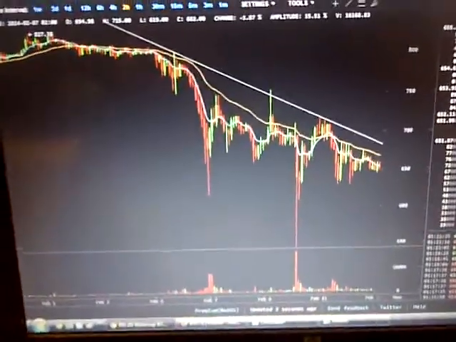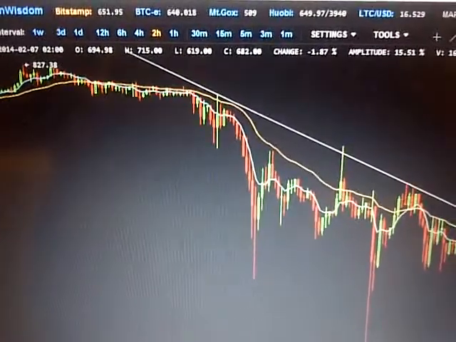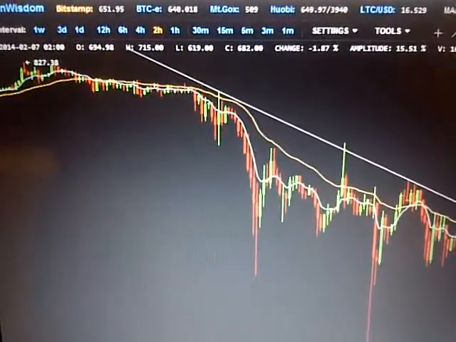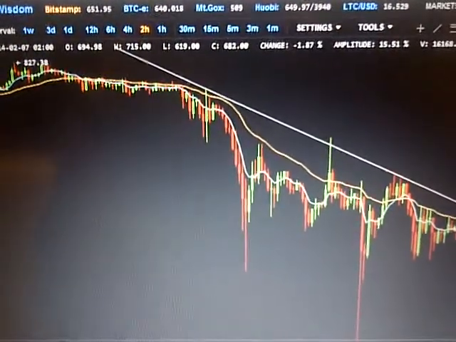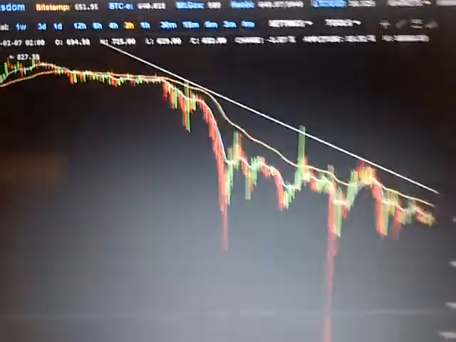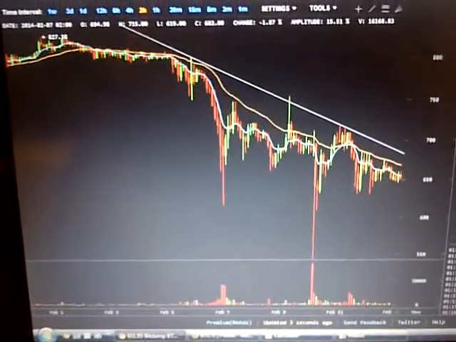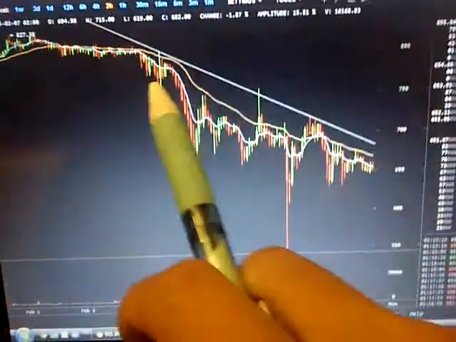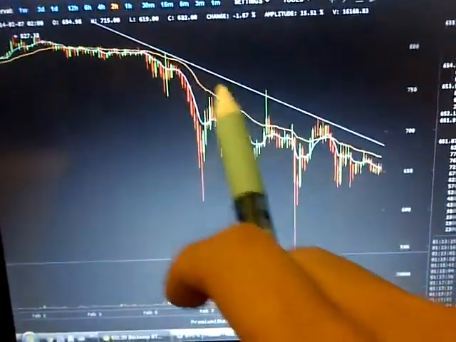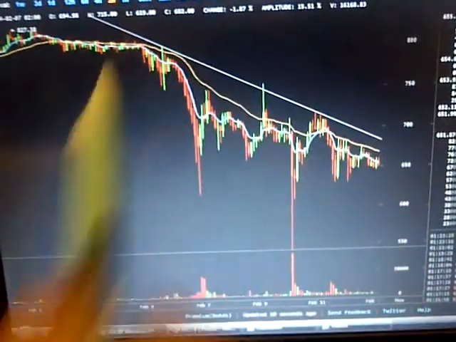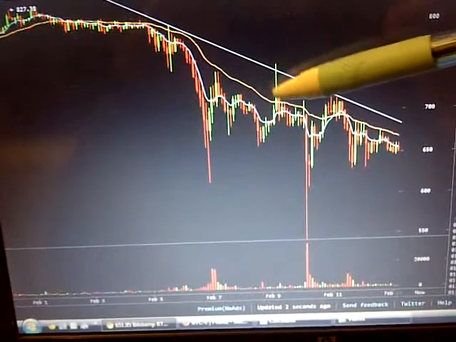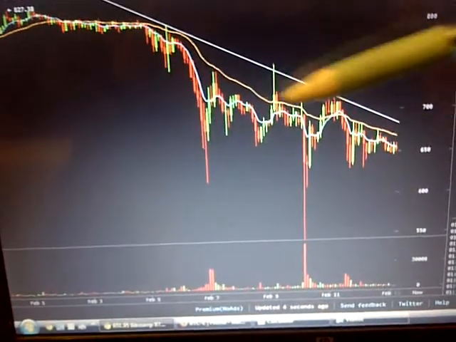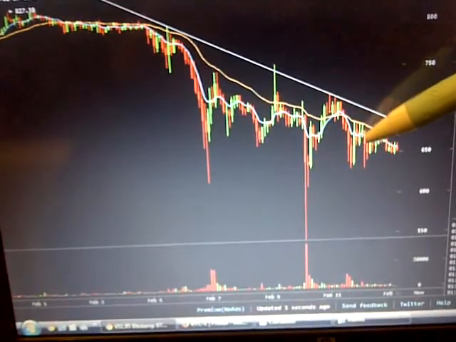This is Bitstamp because it's the highest index right now, as you see, followed by BTC-e and then Mt. Gox. So this is Bitstamp here, and what I'm looking at is basically a 2-hour period in which I drew this line here, and if you see it, it's coming off a very long downtrend.